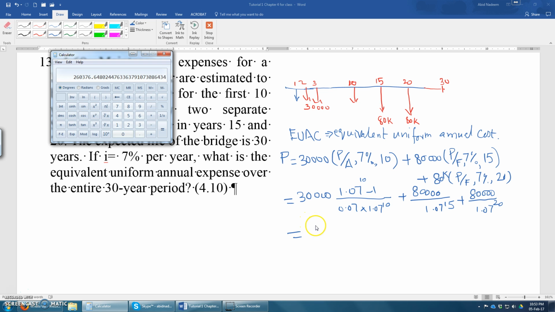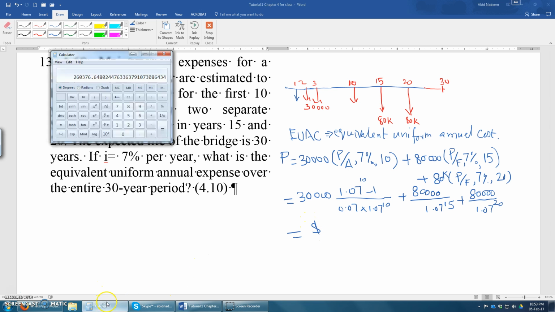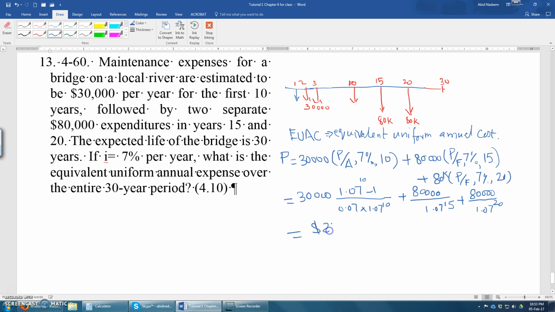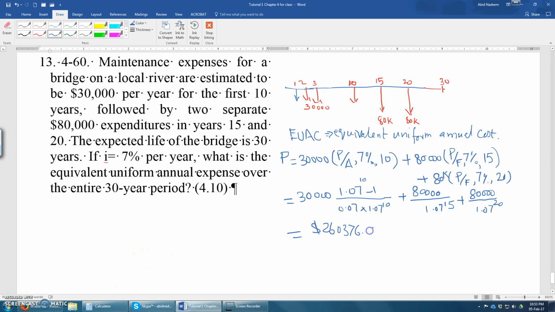The total is 260,376.65. So this is the present equivalent of all cash flows.